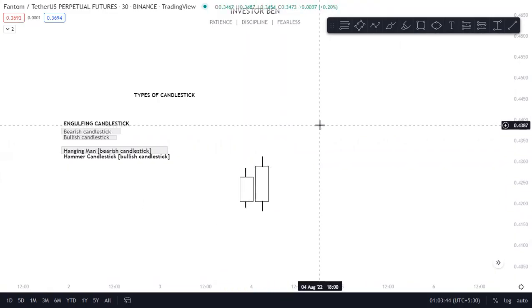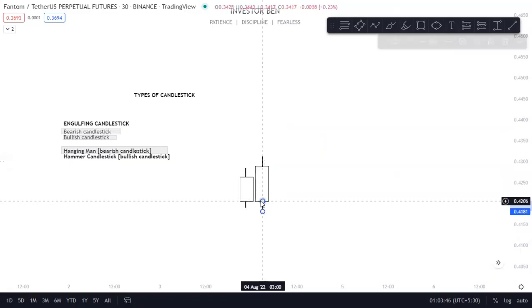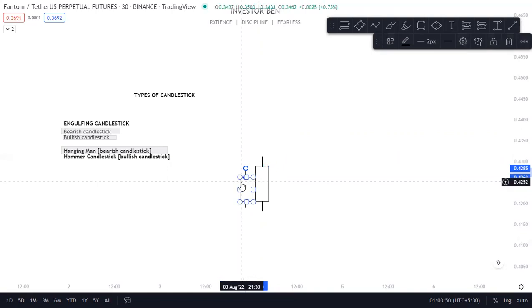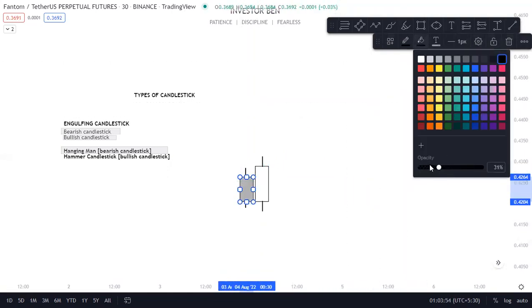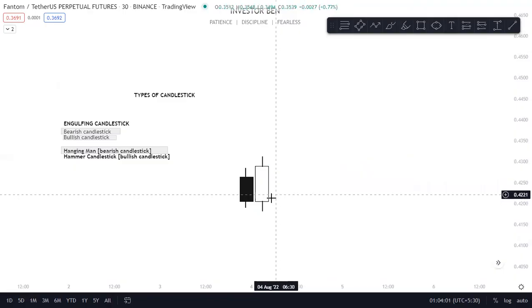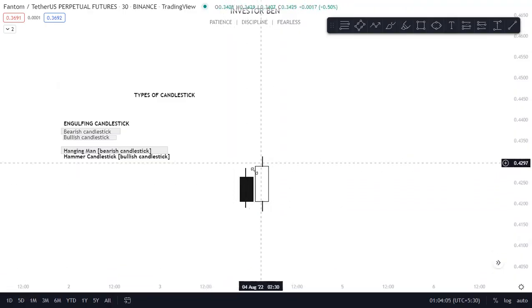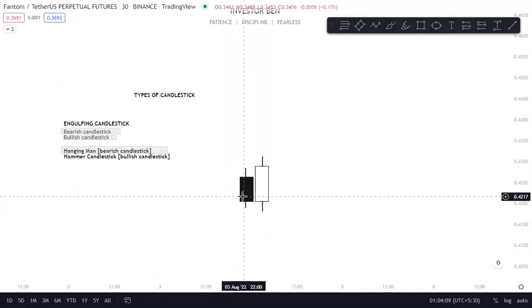And now why it's actually called an engulfing candlestick is because in the engulfing candlestick, the one on the right will be the bearish one, meaning this one here is the bullish, this one is the bearish. And now it is called engulfing because the bullish candlestick is totally engulfing everything.